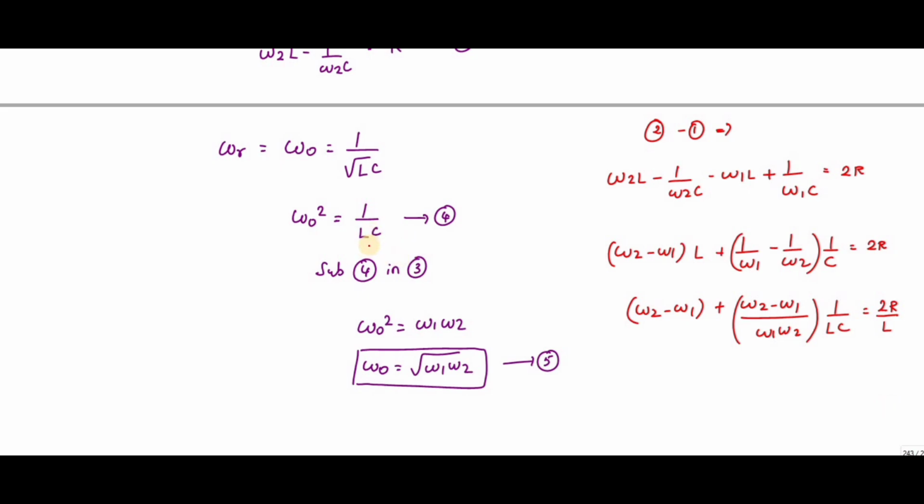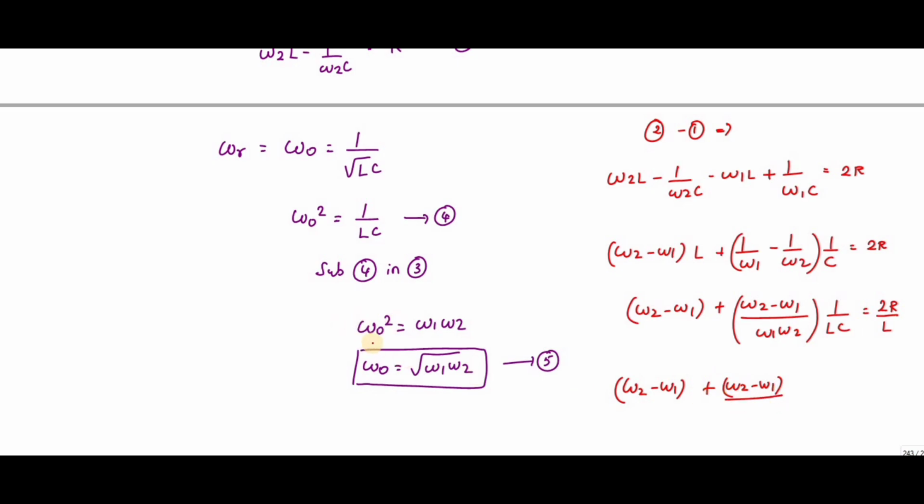So what is omega 1 omega 2? It is equal to omega naught square. We substitute here omega 2 minus omega 1 divided by omega naught square.